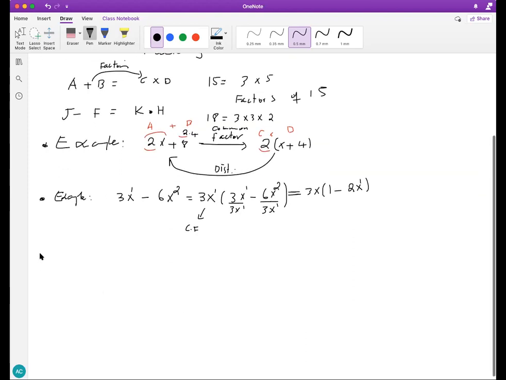Okay, so that's an example. Let's do another one. It works the same way no matter how many terms you have. You may have 3 or 4 or 5, 6 terms. It's always going to be the same thing. So let's do another example.